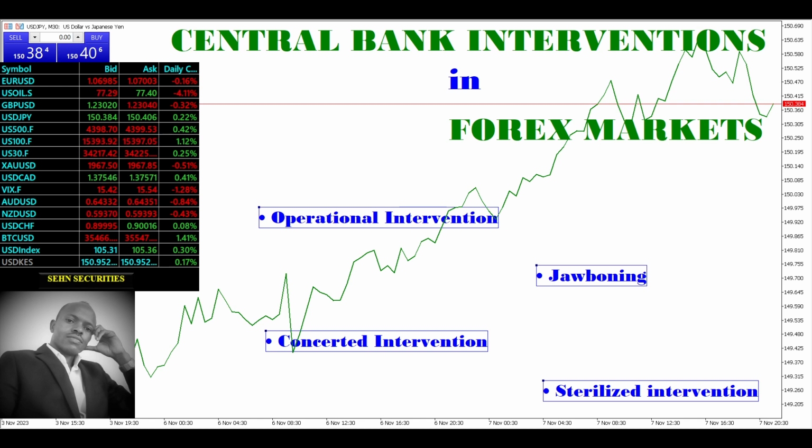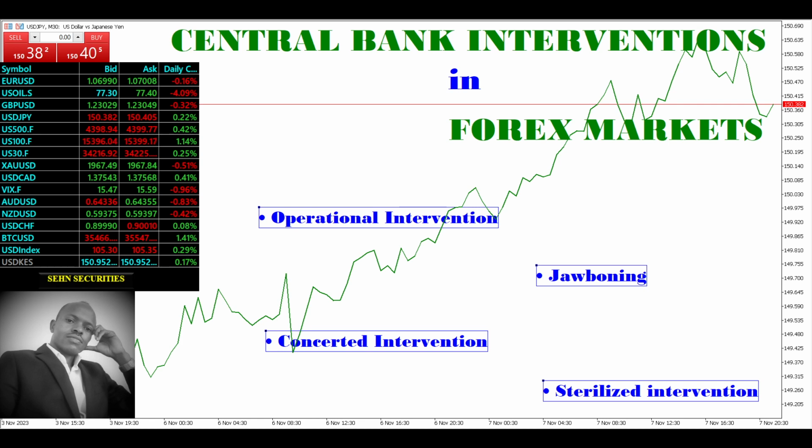Other interventions that have been seen include the Bank of Japan intervention on yen in 2011. The Bank of Japan intervened in the forex market to weaken the Japanese yen as its strength was hurting the country's export-driven economy.